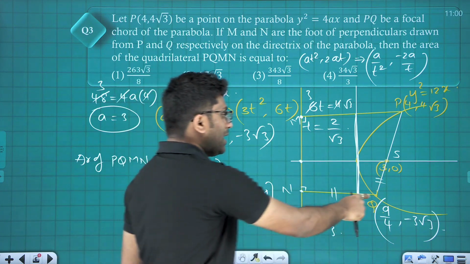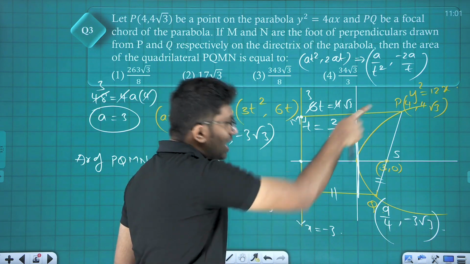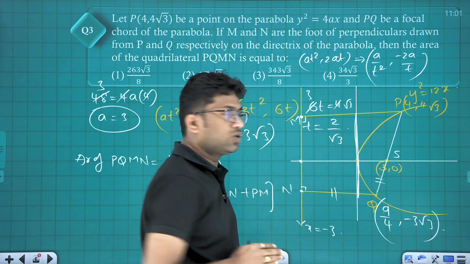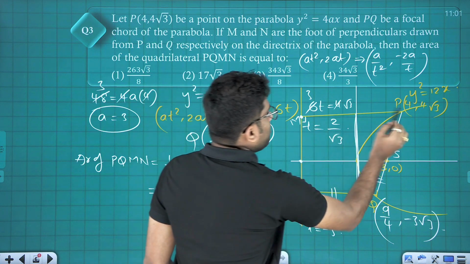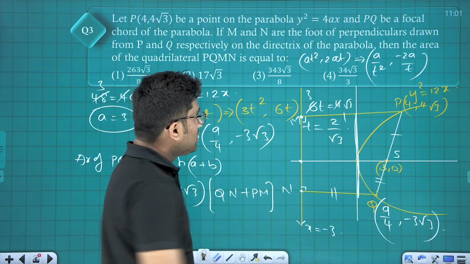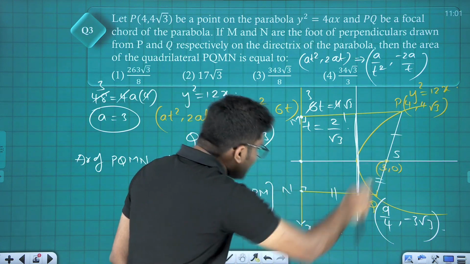Any point on the parabola will always be equidistant from the directrix and the focus. That is the definition of a parabola. QS is equal to QN, and PM is also equal to PS. So PM plus QN is nothing but PS plus QS.